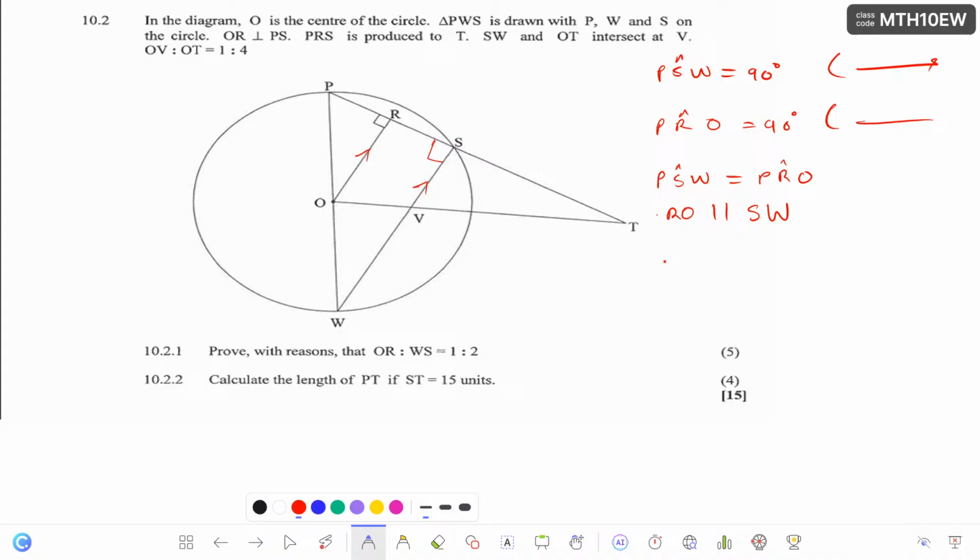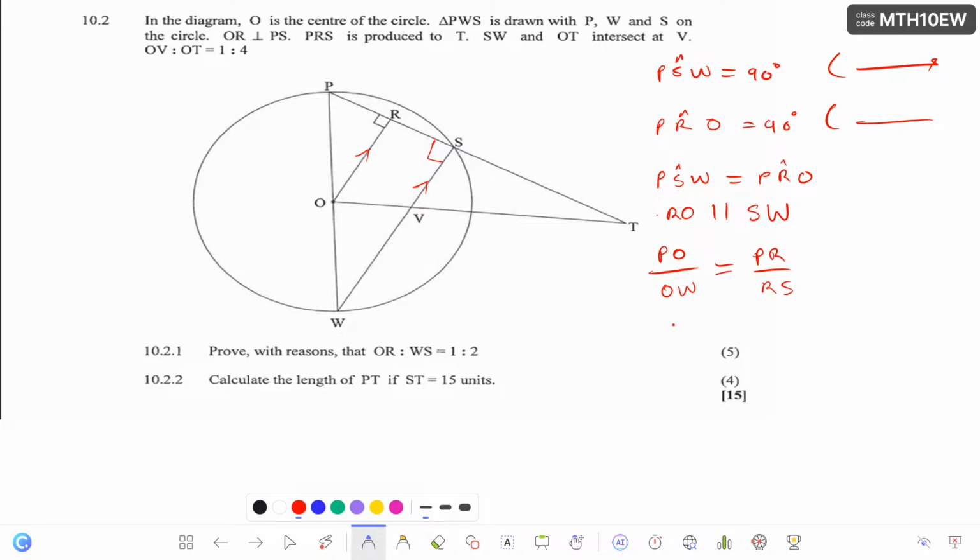So we can use proportionality to say PO divided by OW is equal to what? It is equal to PR divided by RS. Do you agree with me? The reason is the proportionality theorem. Why? Because OR is parallel to WS.